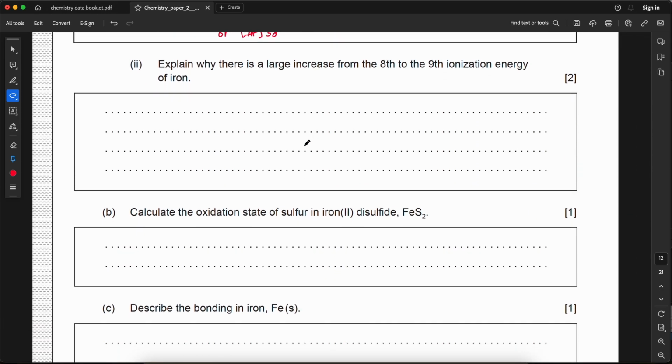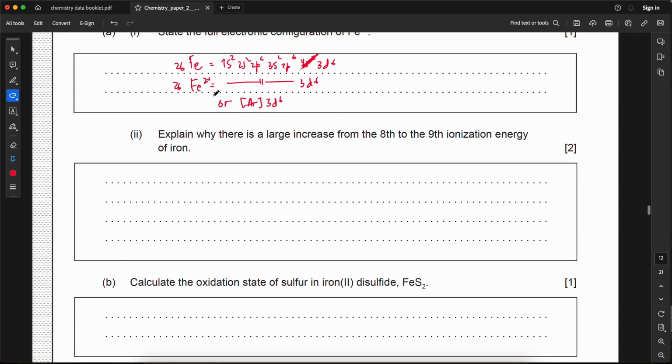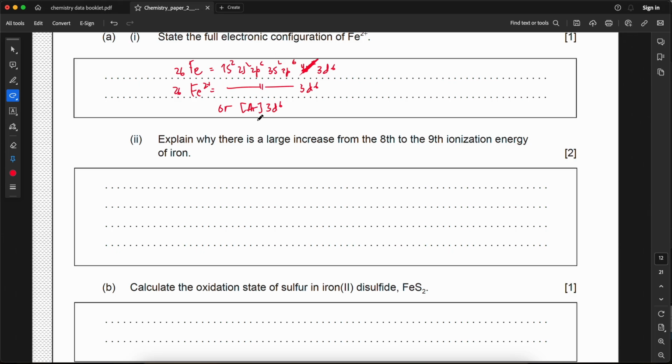Explain why there is a large increase from the 8th to the 9th ionization energy of iron. Okay, as you can see here, iron, if it's 4s2, it has 8 electrons on the outermost shell, so it's easier to remove 8 electrons.